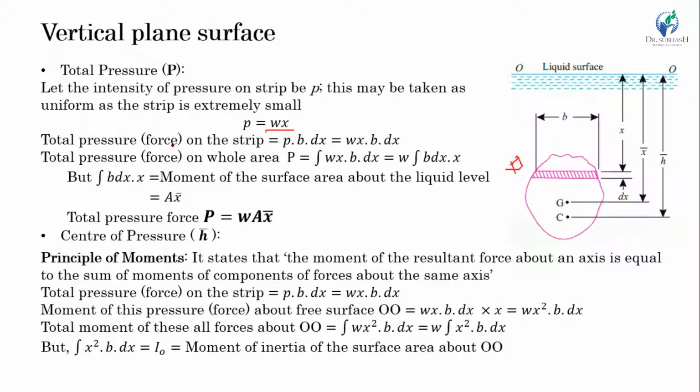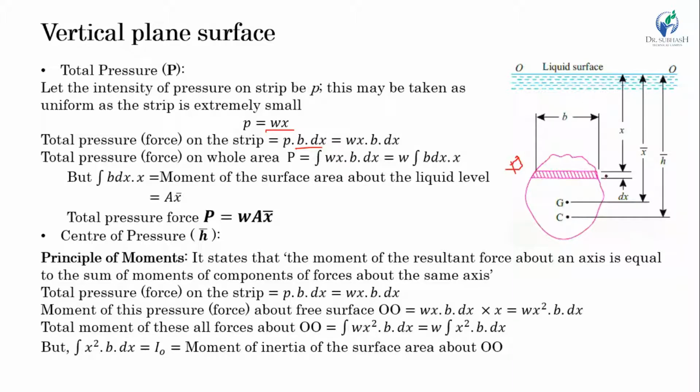This is the intensity of pressure. Now the pressure force is the pressure times the area. The area of this strip is b dx. If we put the value of p, the total pressure force on this strip is w x times b dx.